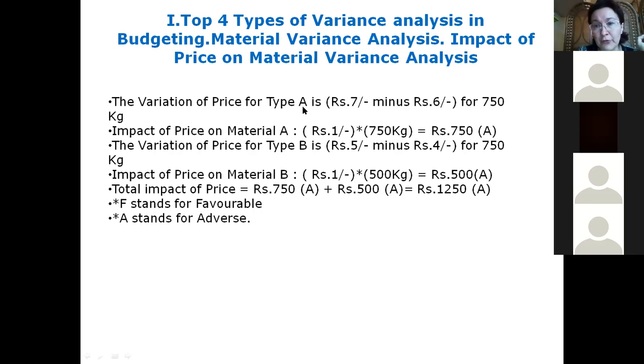In order to calculate the impact of price, we should calculate the difference between the prices, and we should multiply this difference by the quantity of product material A. The same way we use in order to calculate the impact of price on material B. And we can use the classification to identify whether the variance is favorable or adverse.